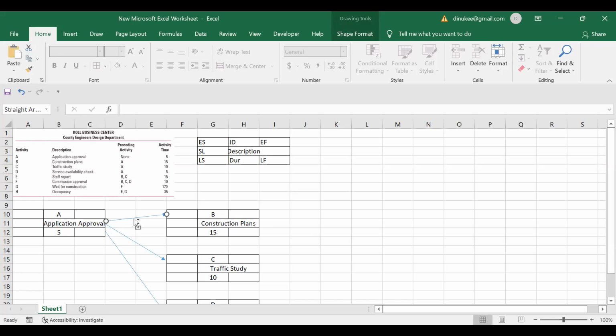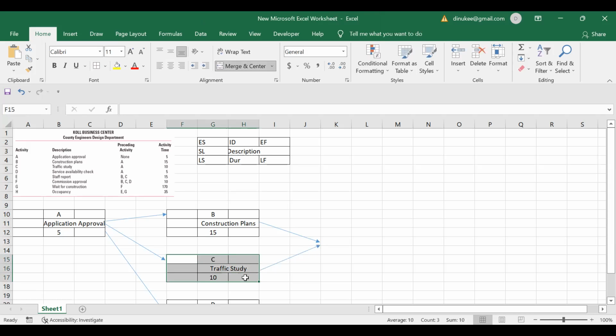Right? So therefore you have to draw two arrows, one coming from the B activity and another one coming from the C activity. Right?